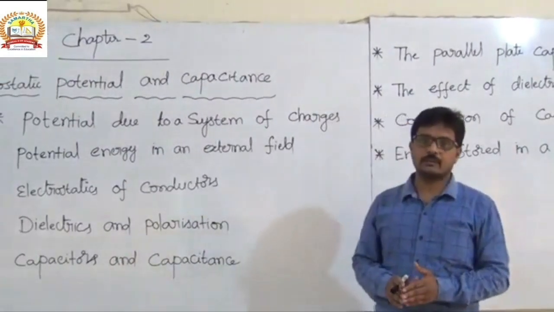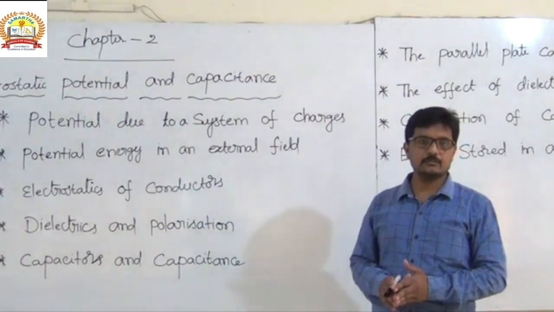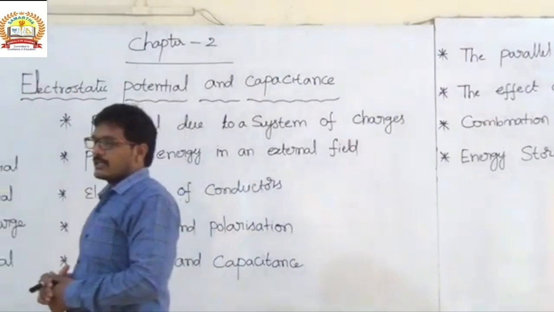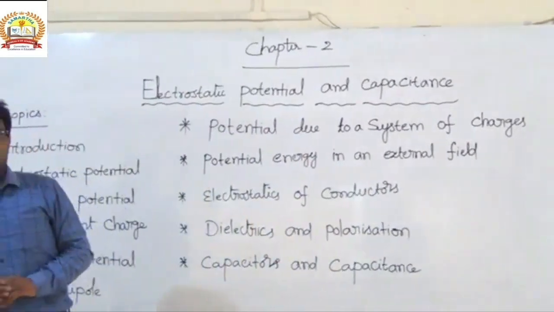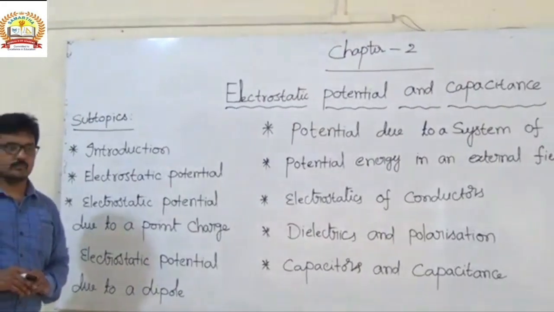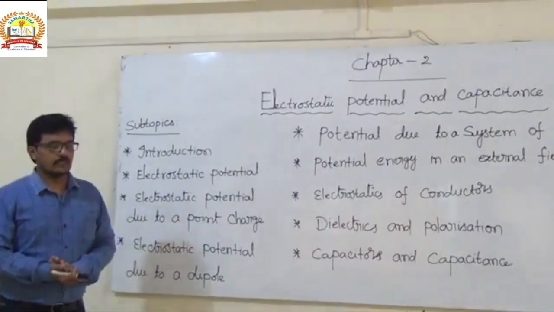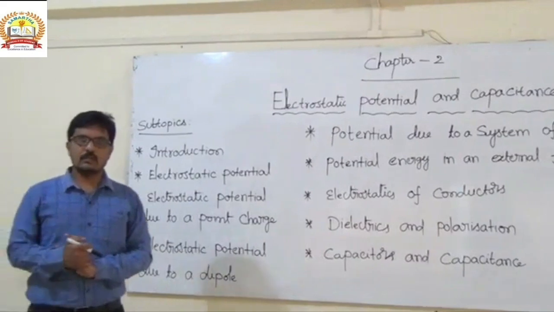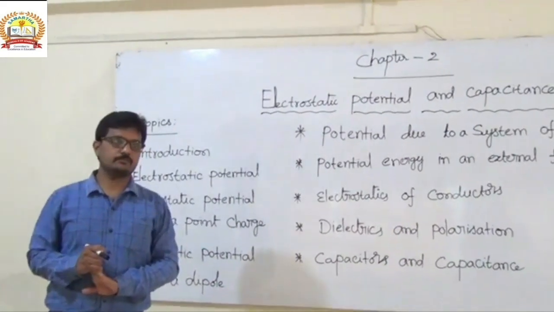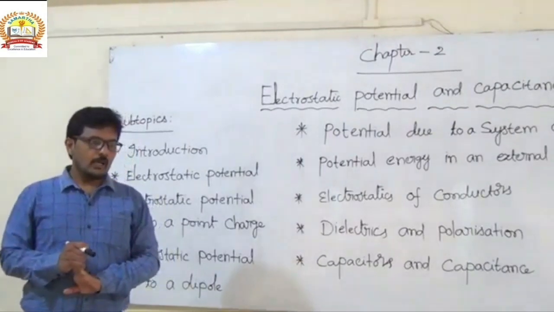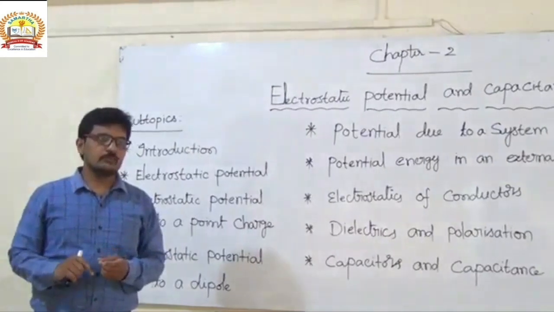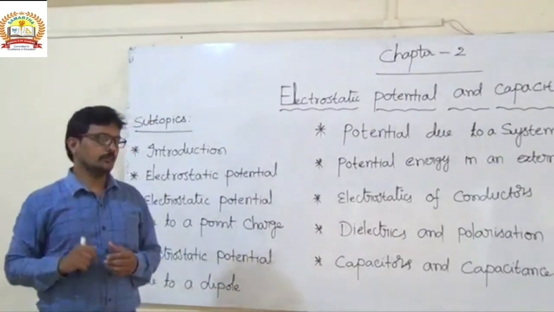But the sum of kinetic energy and potential energy is conserved, and such types of forces are called conservative forces. Examples of conservative forces are spring force and gravitational force. Already we discussed in first year the conservative force and its examples.